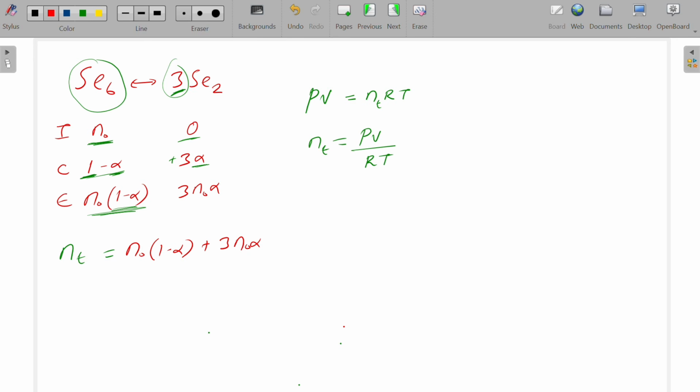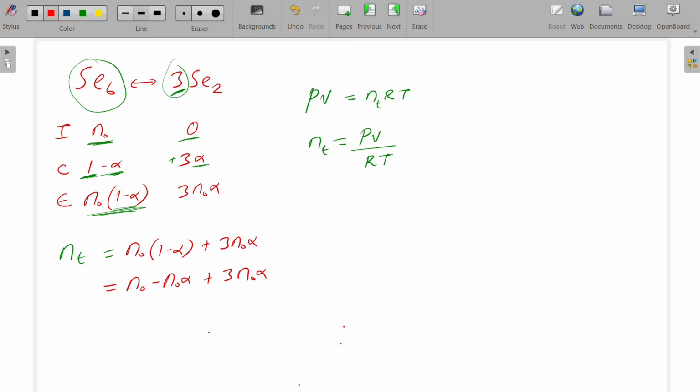Just to write that clearly, we're going to have 3, then we'll have that multiplied by that. What we have here on the left side is when you multiply n naught by 1, we're going to get n naught. Then when we multiply this by the degree of dissociation, we're going to get n naught alpha. Then this whole thing is going to be added to 3 n initial alpha.